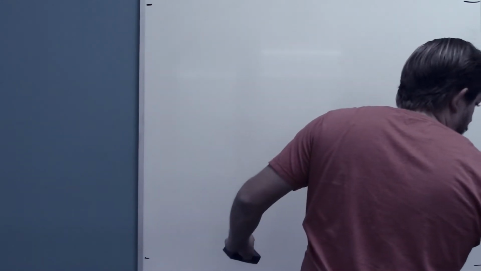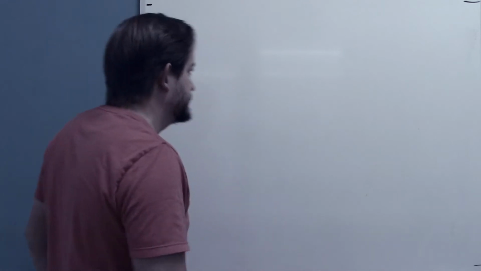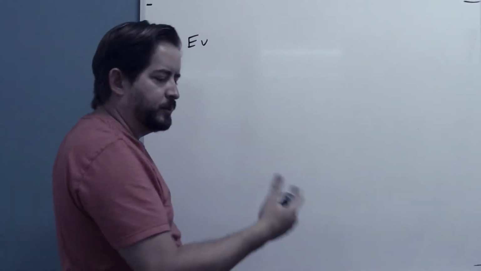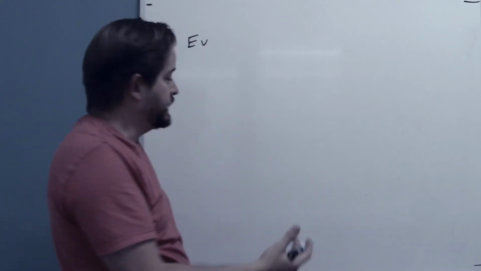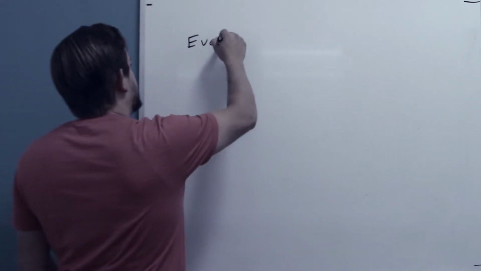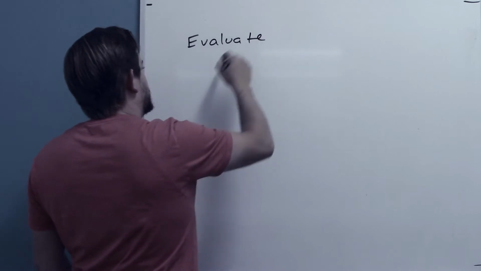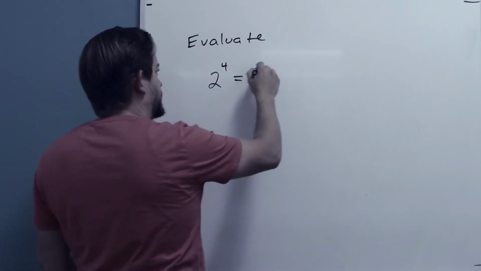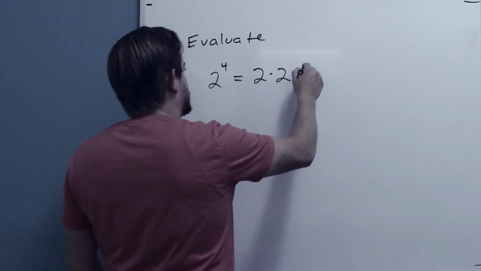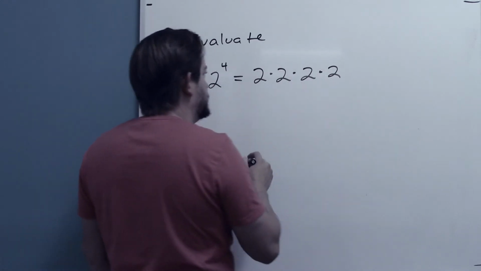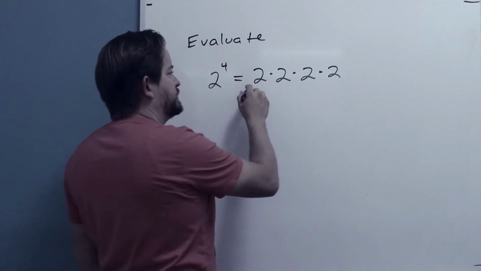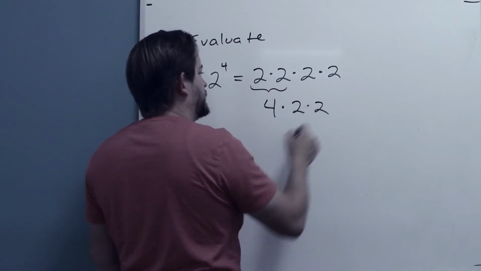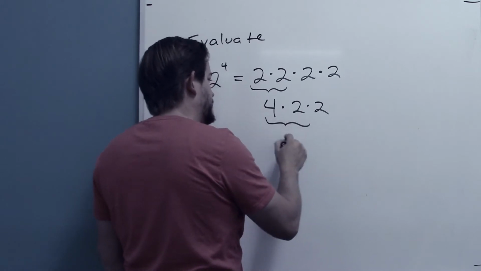All right. We can actually evaluate some of these things. If we're asked to evaluate, that means not only to expand it, but actually perform the multiplication as well. So evaluate, let's say, 2 to the 4th, right? I can think of this as 2 multiplied by 2 multiplied by 2 multiplied by 2. And if I just go step by step, 2 times 2 is 4. Then I still have multiplied by 2 multiplied by 2. 4 times 2 is 8.